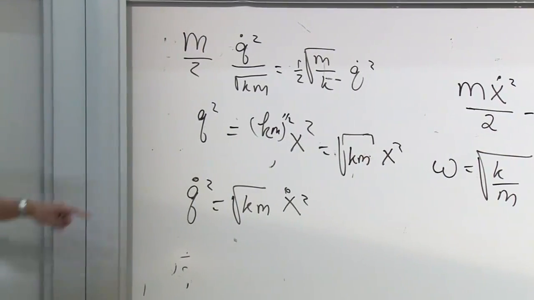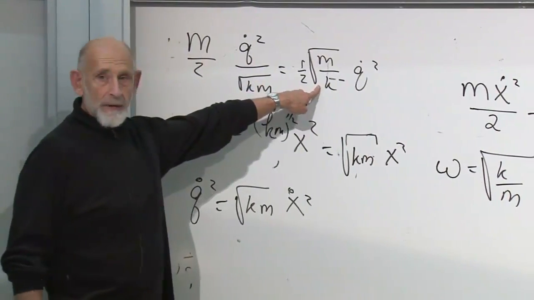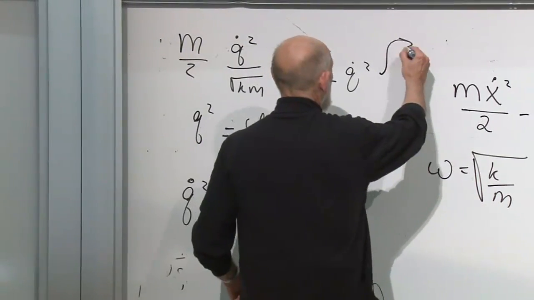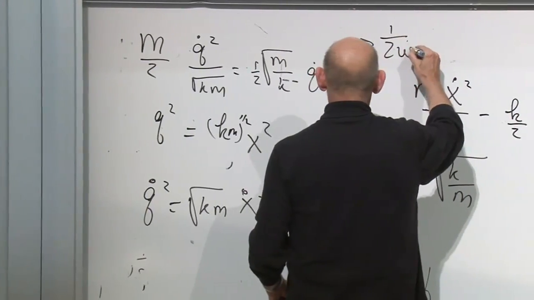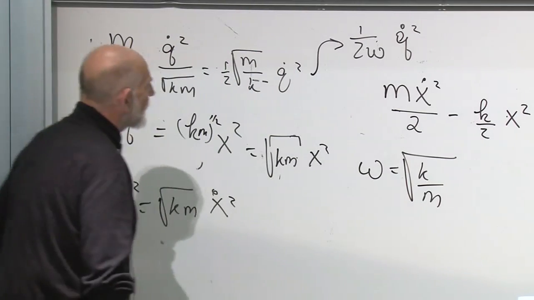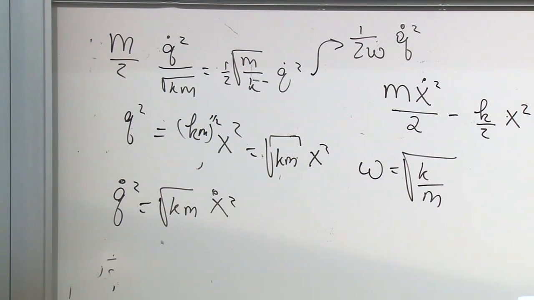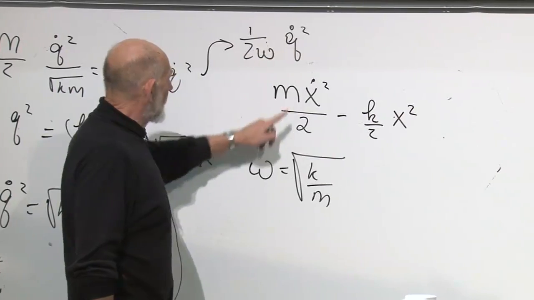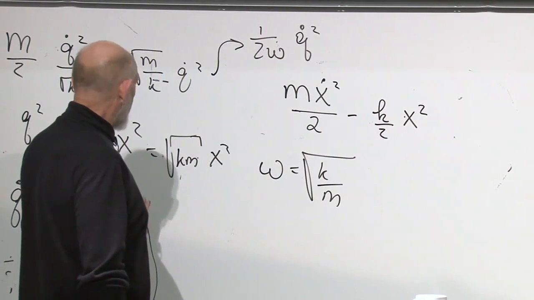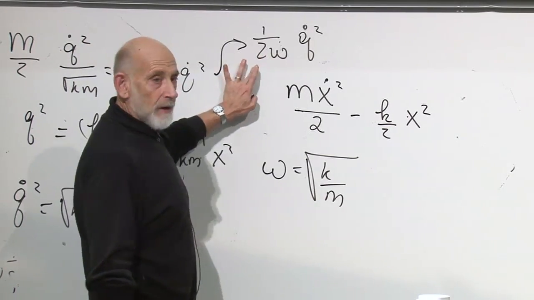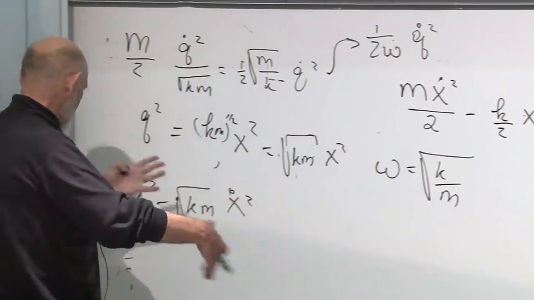And what is that? This is just 1 over omega. So all of this becomes 1 over 2 omega q dot squared. Do you remember what I started with for the Lagrangian? It was 1 over 2 omega q dot squared plus q squared times omega over 2. I think that's what we have here.